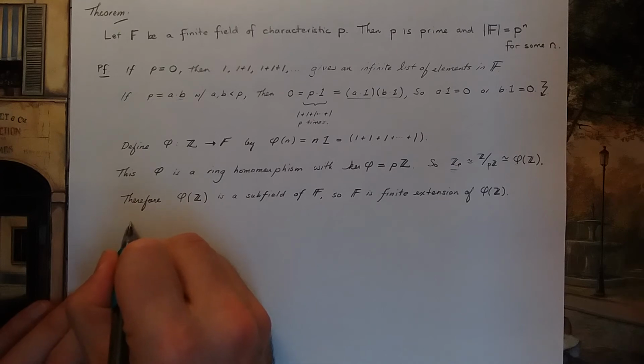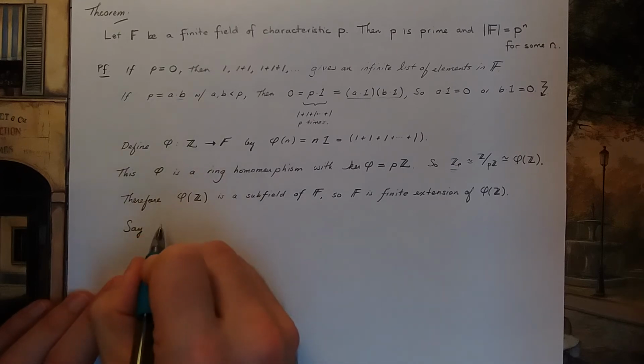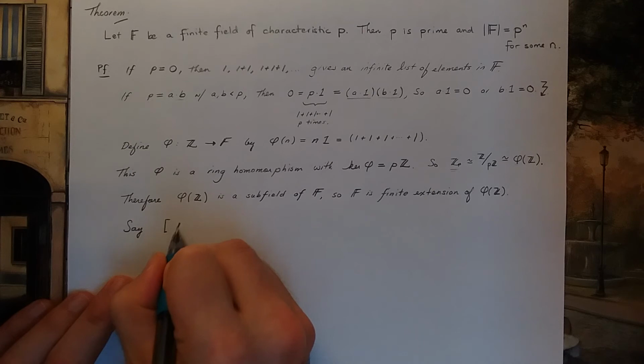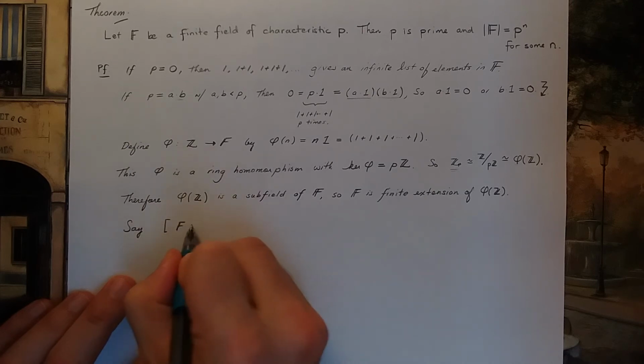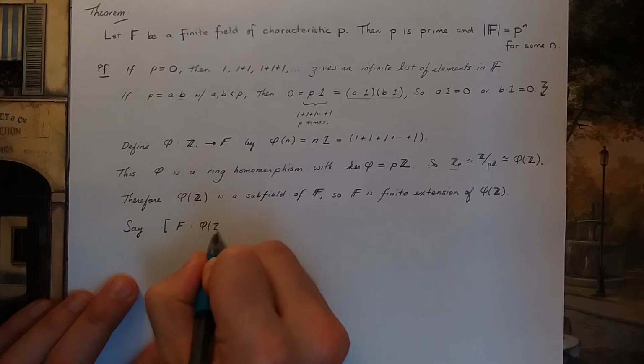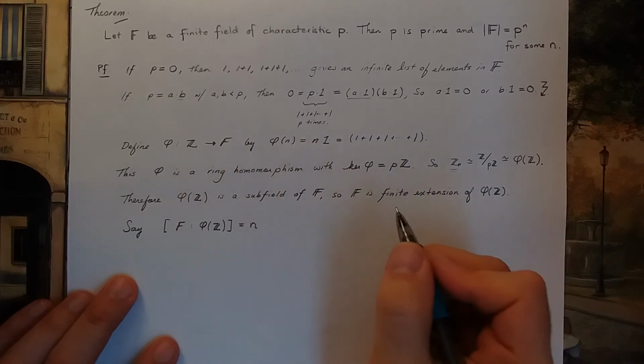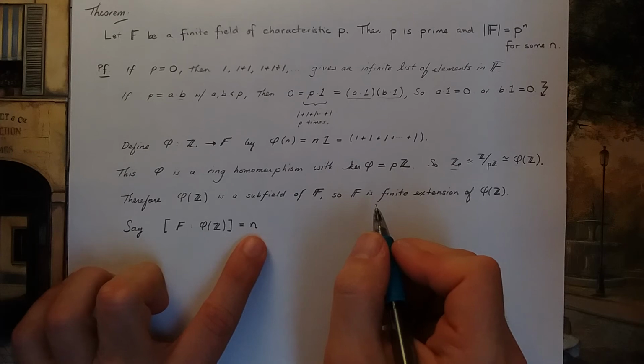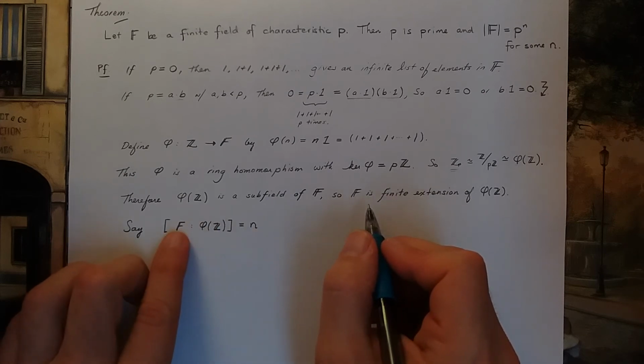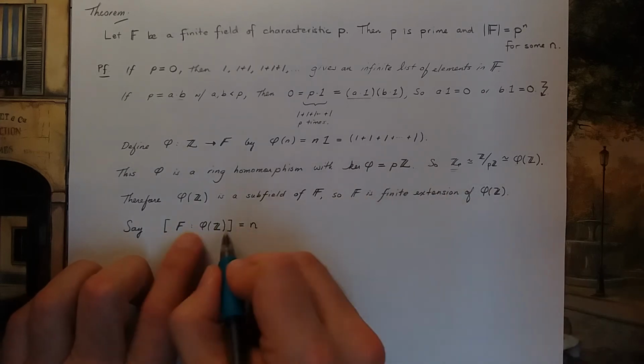So the dimension of F as a vector space over this subfield is some number n. F is a vector space because it's a finite extension over this subfield.